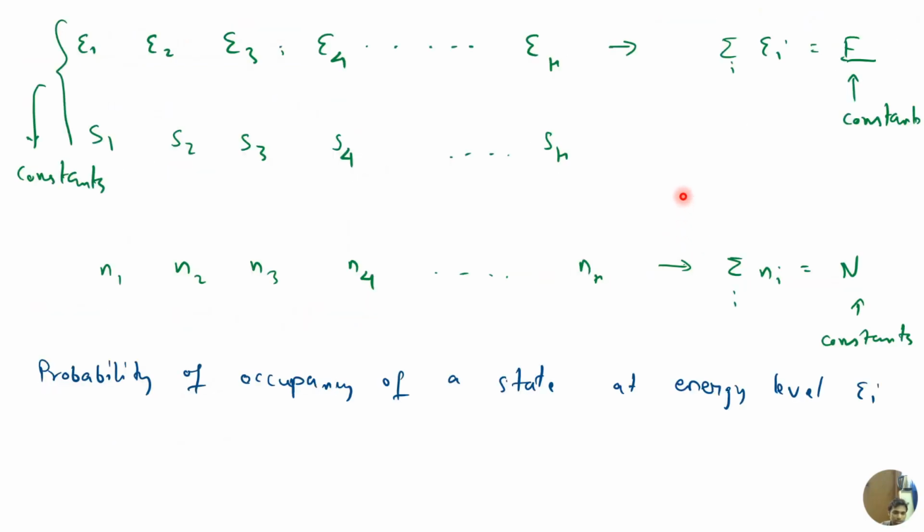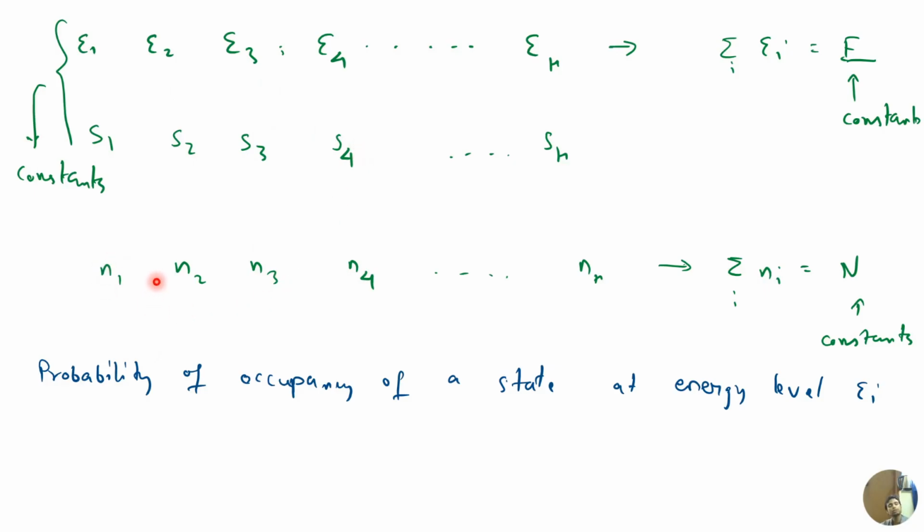So now let us say that we have these energy states, energies E1, E2, E3, E4 up to ER, such that the total energy of the system is constant. And we have Si states with energy Ei, that means S1 states with energy E1, S2 states with energy E2, S3 states with energy E3, and so on.